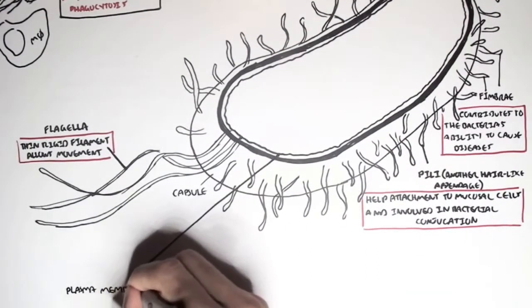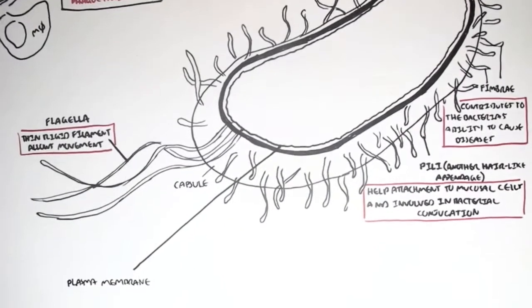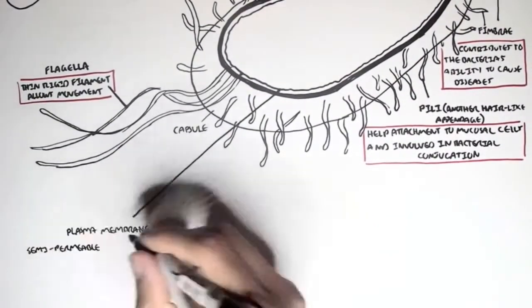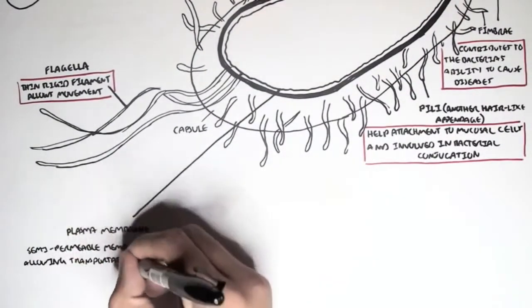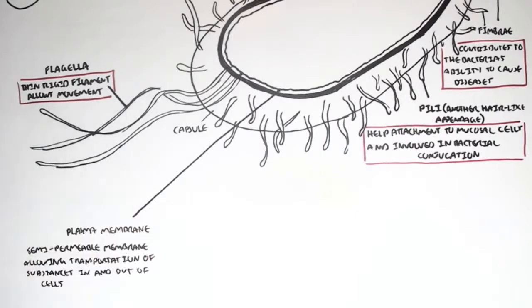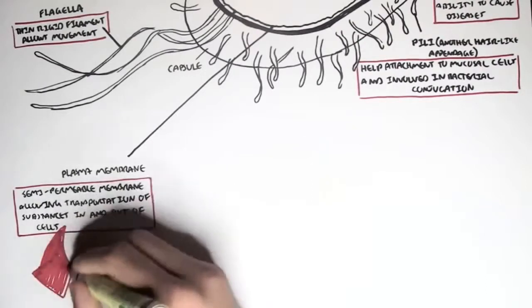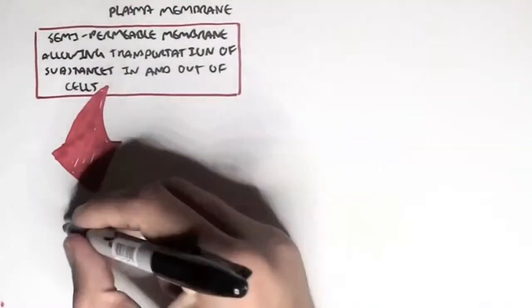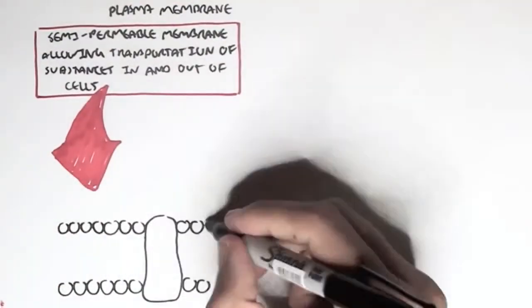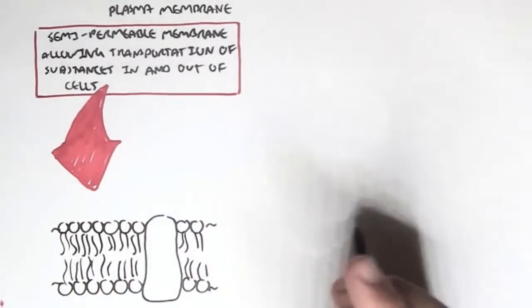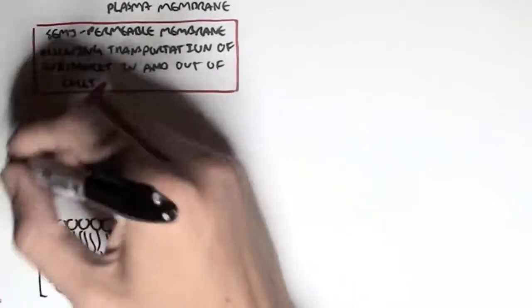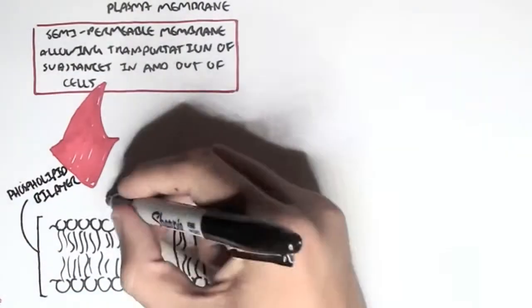The structure is very similar in both bacteria and humans. Plasma membranes are semi-permeable membranes allowing transportation of substances in and out of the cells. In bacteria, the plasma membrane is also a phospholipid bilayer and contains proteins within the membrane.